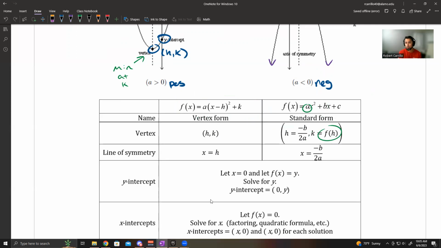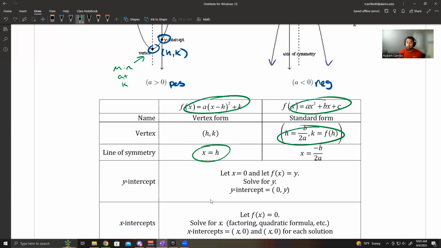Okay. A lot of circles there. So that's what we're going to do. We're going to go from standard form to vertex form by finding h and k. And then if you have h and k, some information comes after that. Your axis of symmetry, your line of symmetry, is given by the h value.